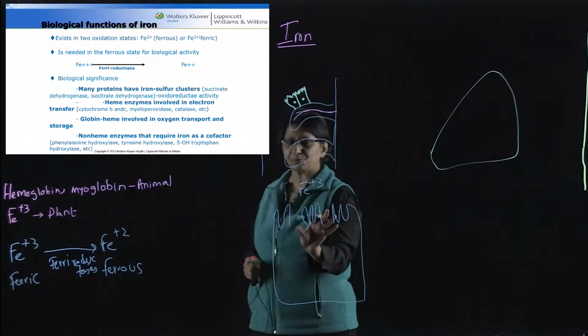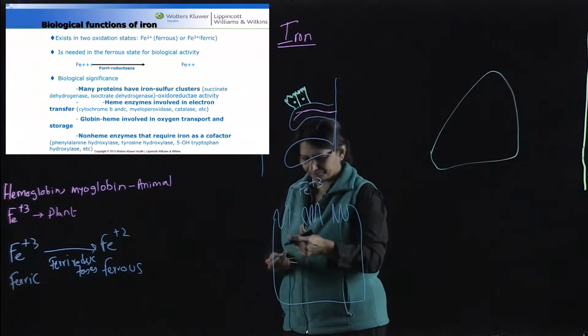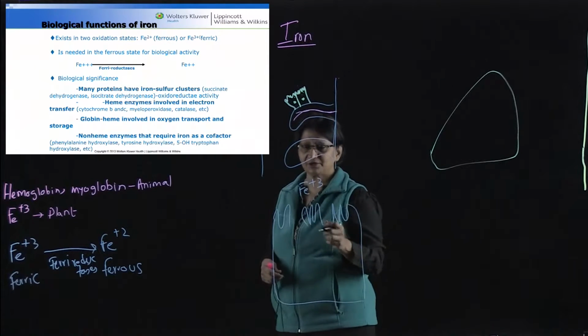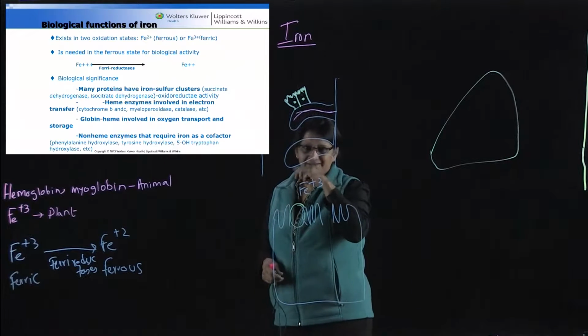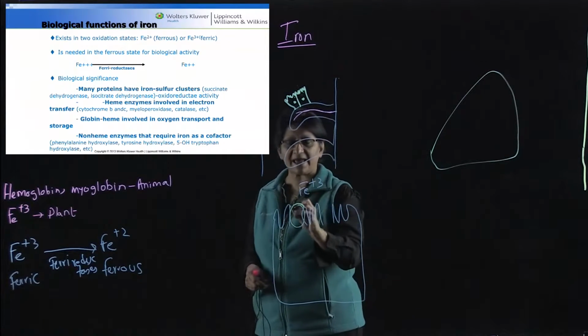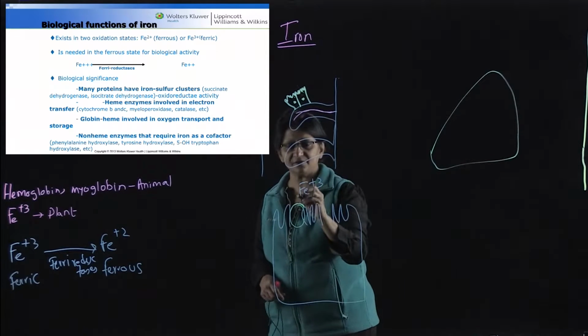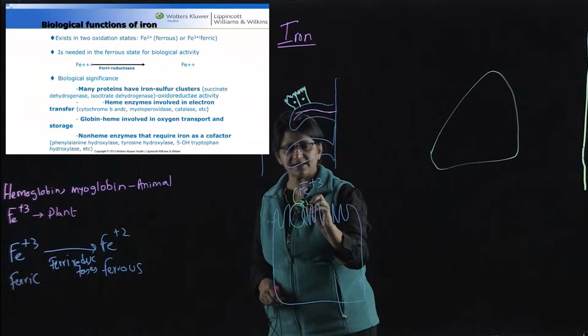So, there are two proteins here that play an important role in that change or modulation. There is one type of protein right here that has the ability to act as a ferrireductase, and so it converts Fe3+ to Fe2+.